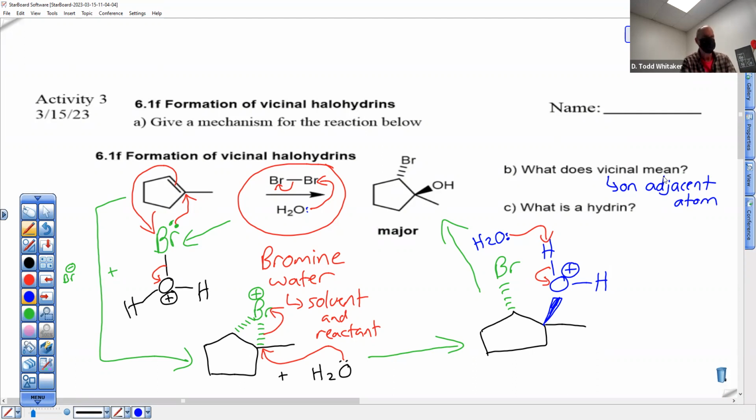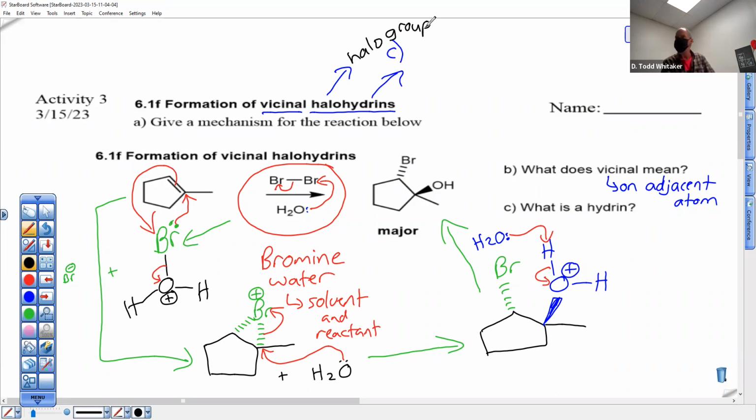Adjacent carbons. What are the two things on the adjacent carbons? Vicinal halohydrin. Answer to C is hydrin. What's a halo? I don't think I have to answer that question, but I am going to. Halogen or halide, however you want to call it.